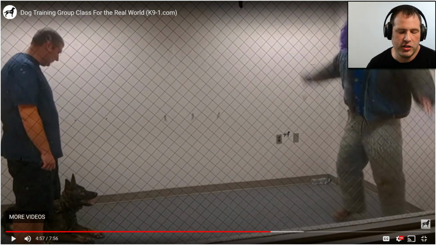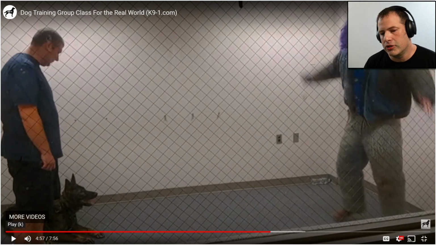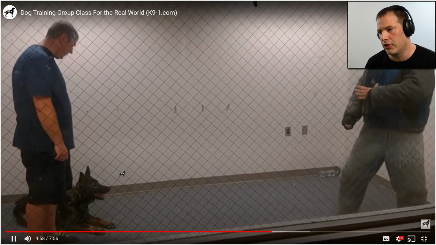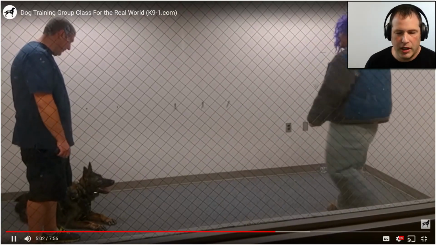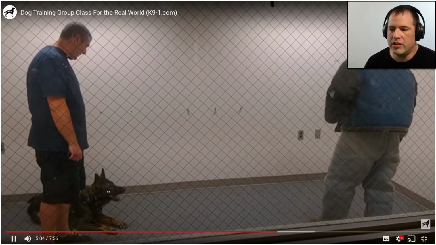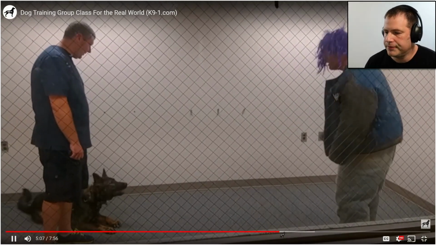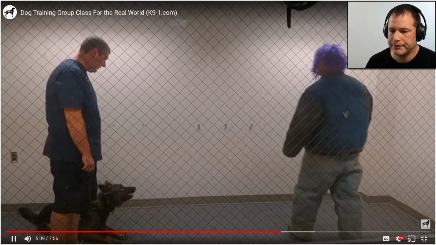You can see here, this is the dog that was in the previous clip with the 3 attackers, right? So you can see that there's a drill going on here. This is a much simpler drill. And who is that? I guess that's me in there. And it's avoidance conditioning, right? So it's pretty, dog gets a bite.